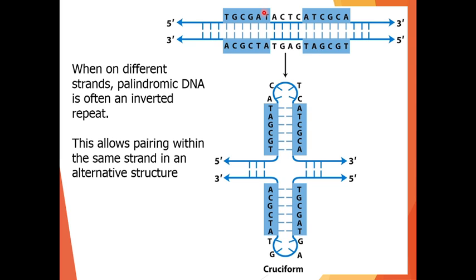The palindromic sequences in each strand hydrogen bond to themselves as compared to hydrogen bonding on opposite strands. And this happens to be a thermodynamically stable structure, and it allows pairing within the same strand in an alternative structure like this.